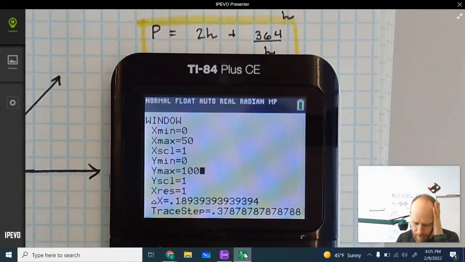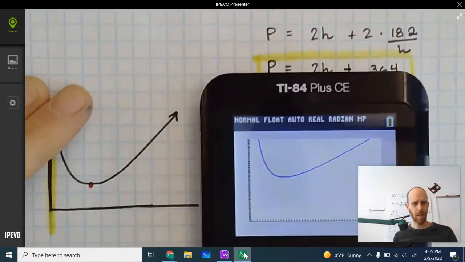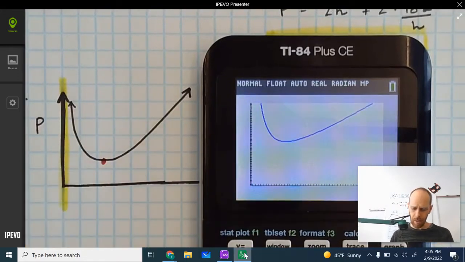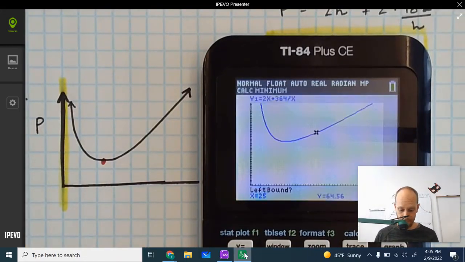I'll go to 100 and hit graph. Okay. And you can see that this looks like this. And we hit second calc. We go to minimum. And our minimum is going to be somewhere between here and here. And I hit the enter button.